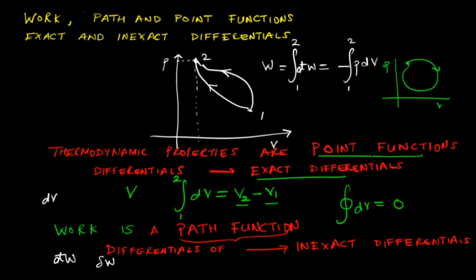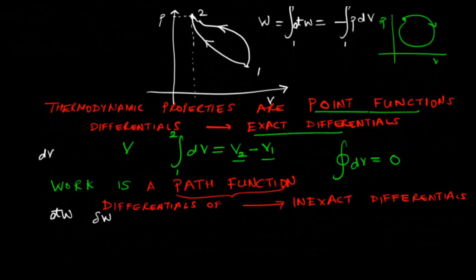So as we have seen in the previous lecture, a path function depends upon the specific path that has been taken to arrive at a particular state. And for the same reason, if you consider this process, let's say process A, where we go from state 1 to state 2, then if we calculate the total work done in this quasi-equilibrium process, it is not equal to, or we cannot write it as, the difference between W2 and W1.